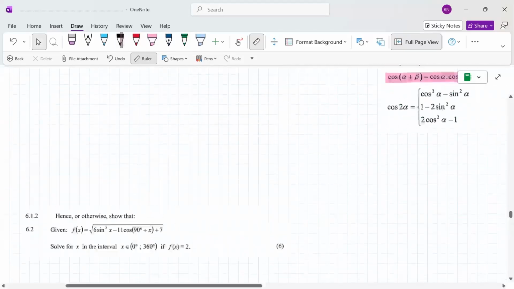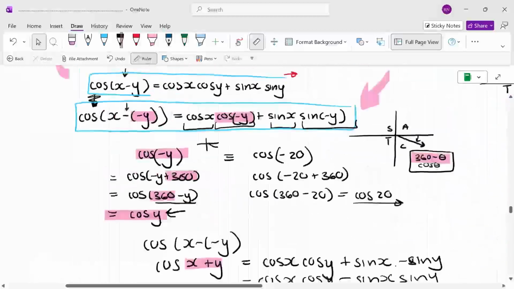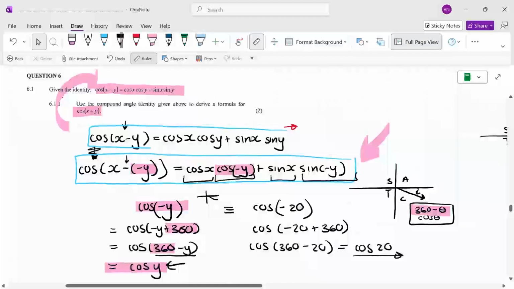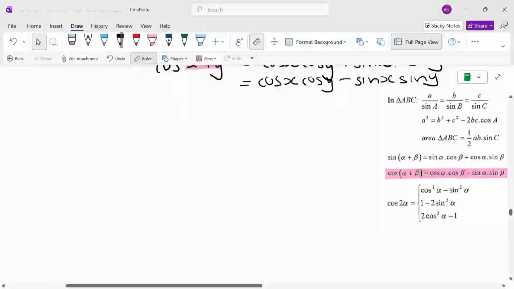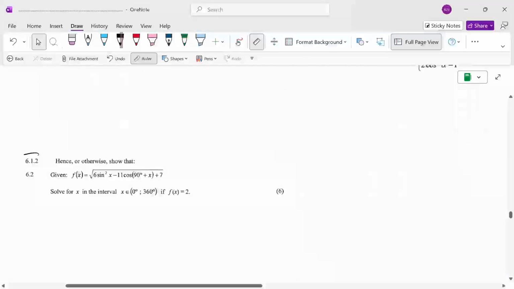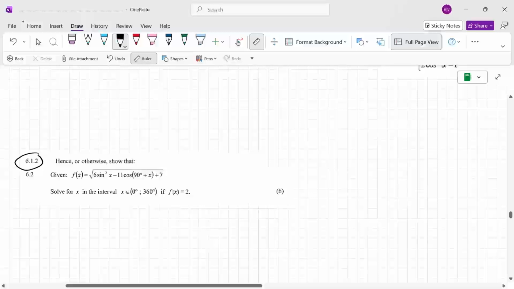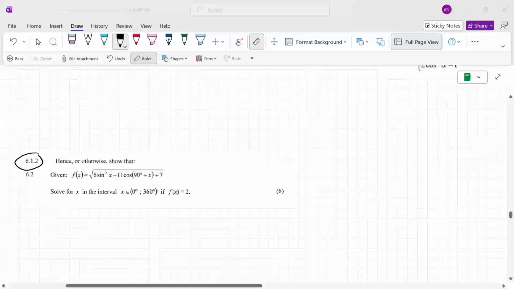Did I skip a question? We went from 6.1.1 to 6.1.2. Unless it is a skip question. Let me check my phone. I don't think it's just skipped. I don't know why they put a 6.2 here.